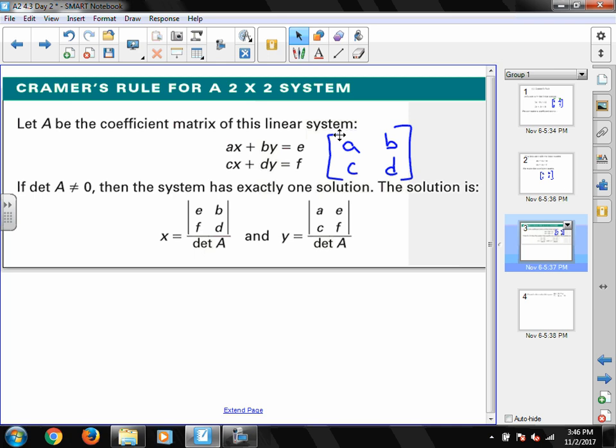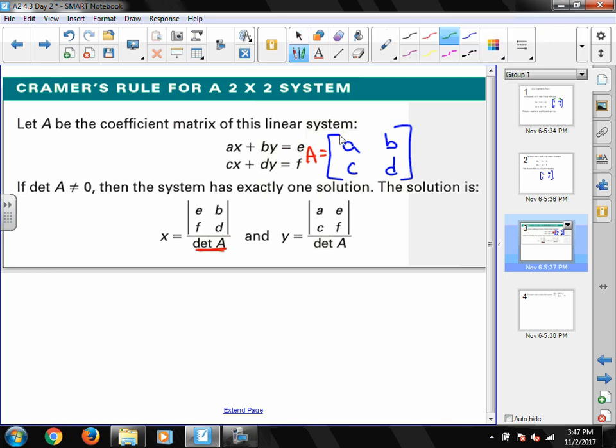Cramer's rule for a 2x2 system, so 2 equations, 2 variables, says that as long as the determinant of A, which is going to be my coefficient matrix, so label that as A, is not zero, I can find the determinant of that just by doing the method that we learned in the last video.